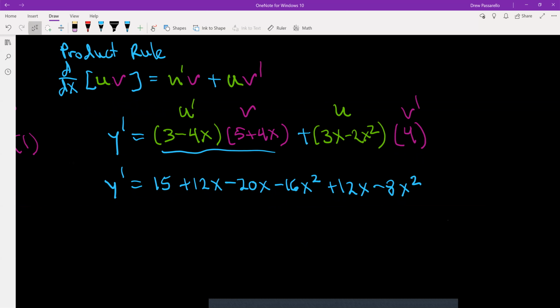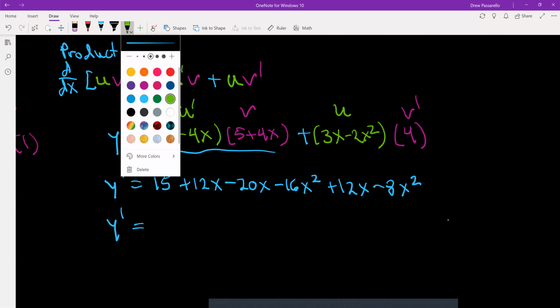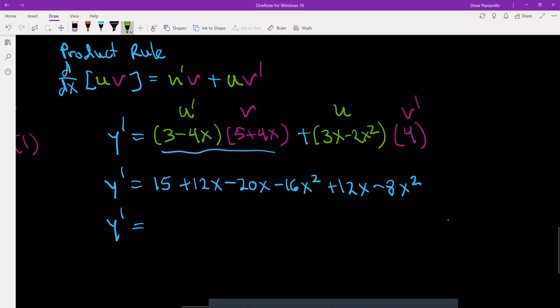Then it's a matter of combining the like terms. Negative 16x squared with negative 8x squared makes negative 24x squared. And then for the x's, I have 12x minus 20x plus 12x, so that's going to make 4x.